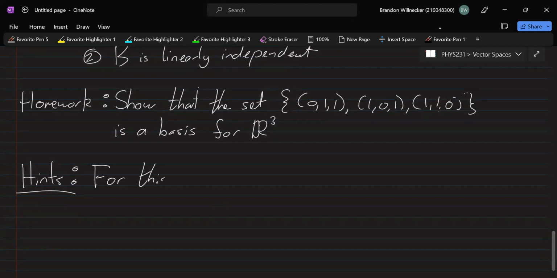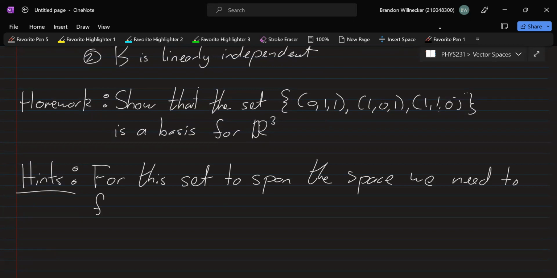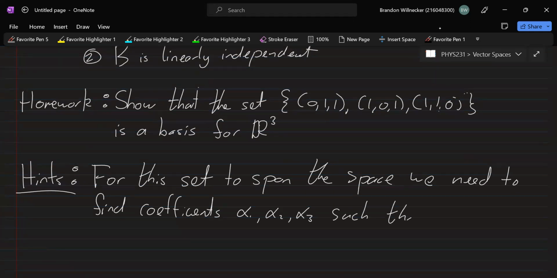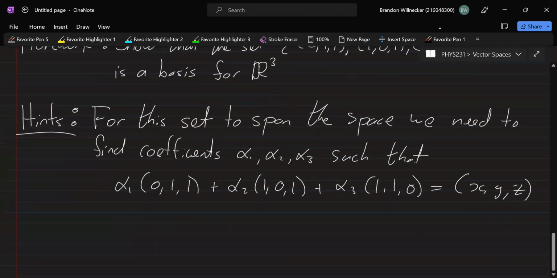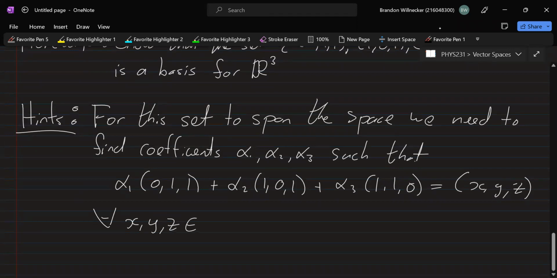So for the set to span the space, we need to find coefficients alpha 1, alpha 2, alpha 3, such that alpha 1 times the first vector plus alpha 2 times the second vector plus alpha 3 times the third vector equals (x, y, z) for all (x, y, z) in R3.